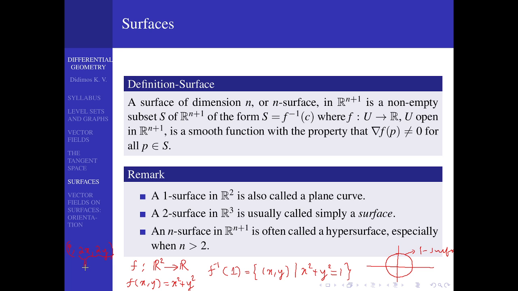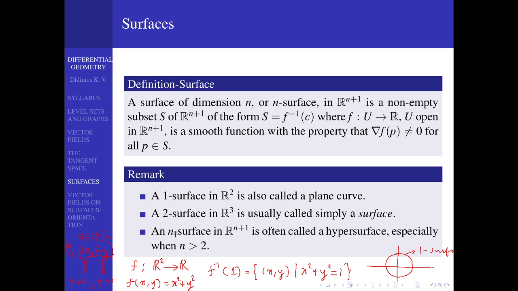If it is 0, then x = 0 and y = 0, and then x^2 + y^2 can never be 1. So (x,y) does not belong to this set. In order to be an element of this set, x and y, at least one of them, should be non-zero, and we have x^2 + y^2 = 1. So del f(p) is never 0 for all points of f^(-1)(1). So we can say that this is a one-surface.